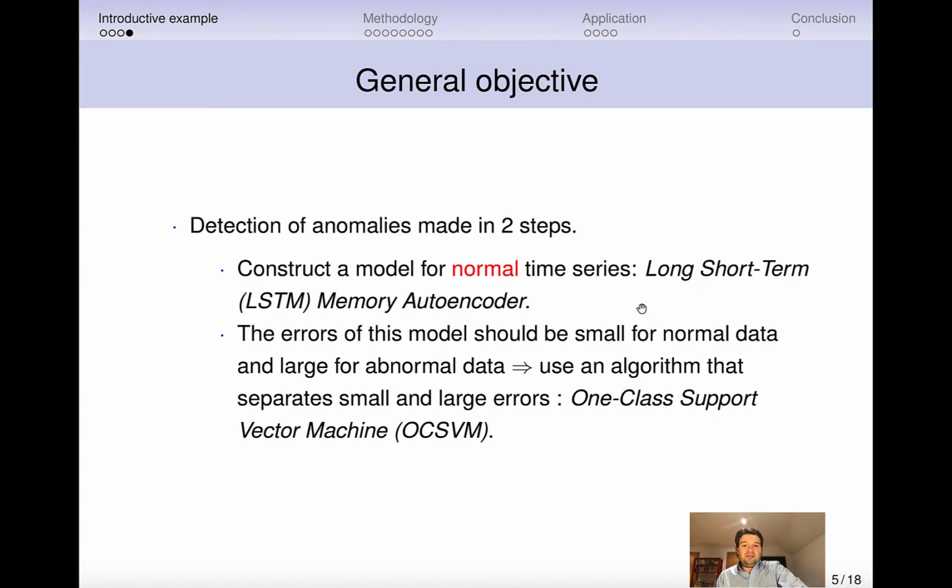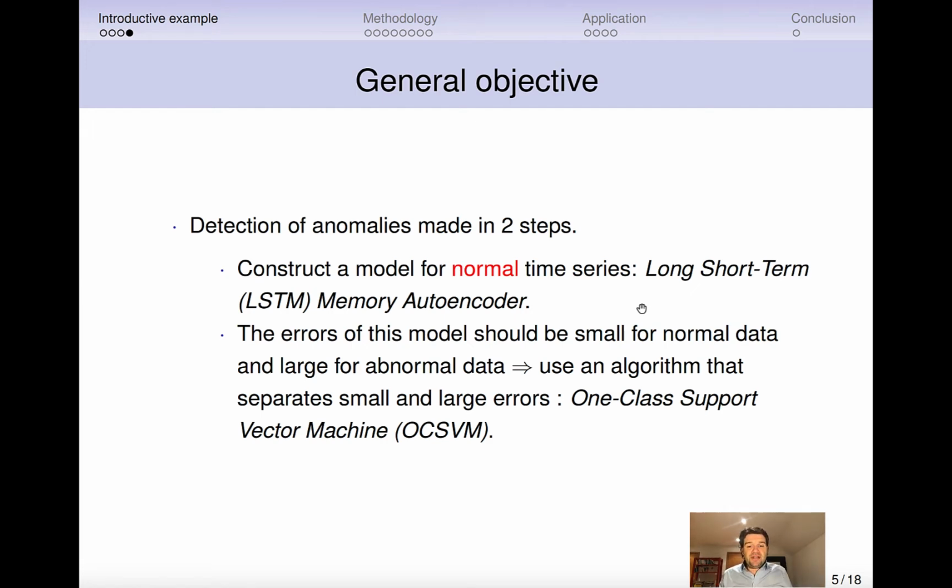Then that means that if we insert a new motor in this model, we should have, in a way, errors of this model which are small if the motor works correctly, and those errors of the model should be larger if the motor goes wrongly, if the motor has a problem.